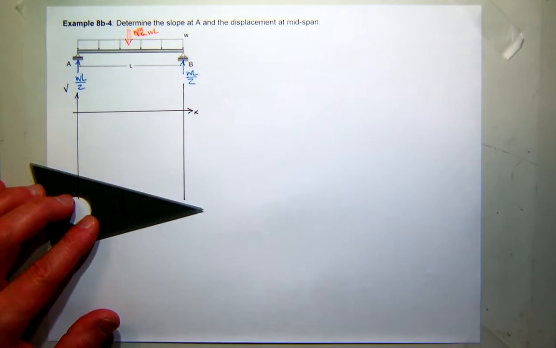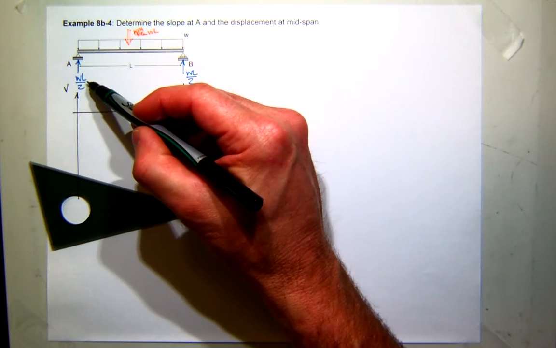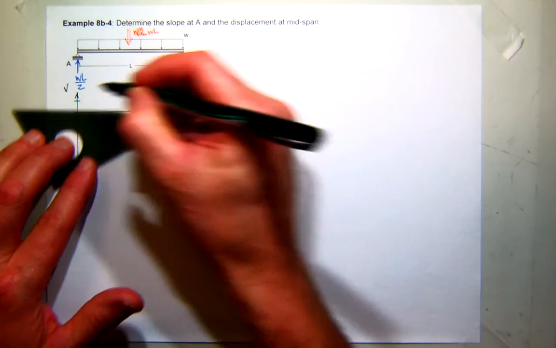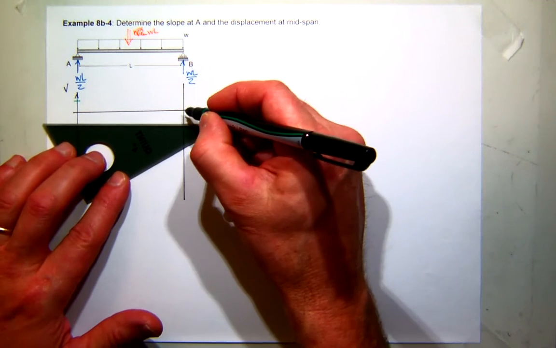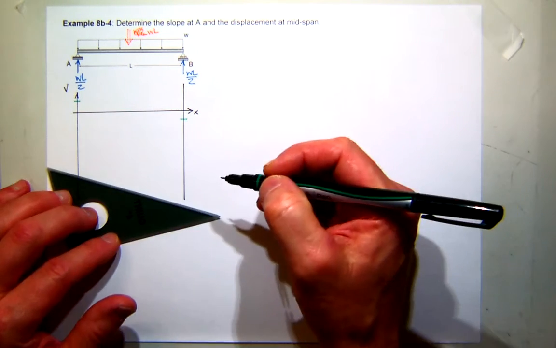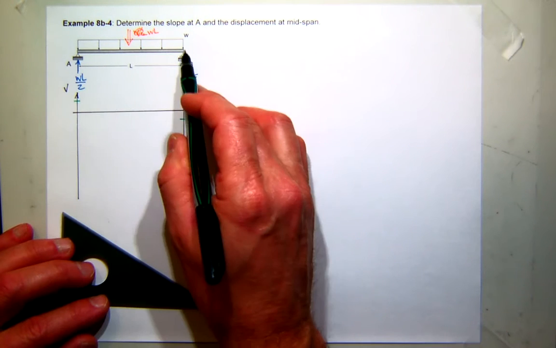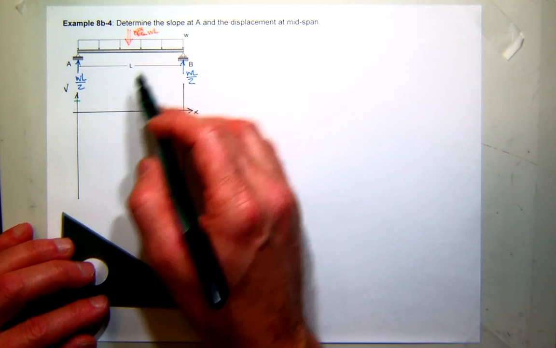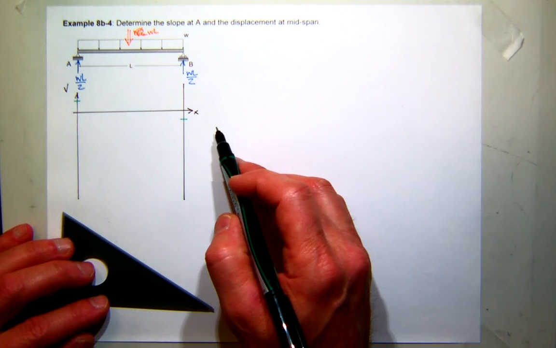First we'll start off with the shear diagram. So we're going to start off with a shear of what? Looks like WL over 2, and that's a positive shear. And I should end with WL over 2, and that's a negative shear. The change in shear is the area under the load curve, which you can see is WL. The load is down, so it's negative, so WL over 2 minus WL gets you negative WL over 2.